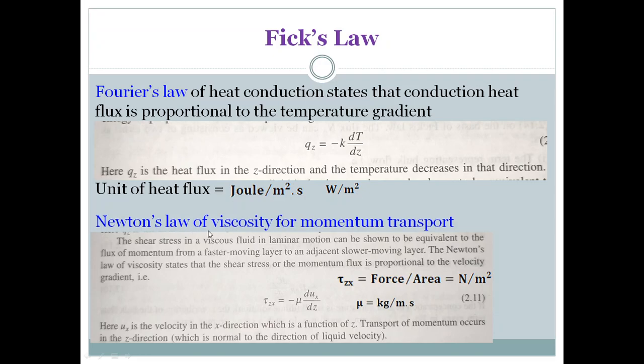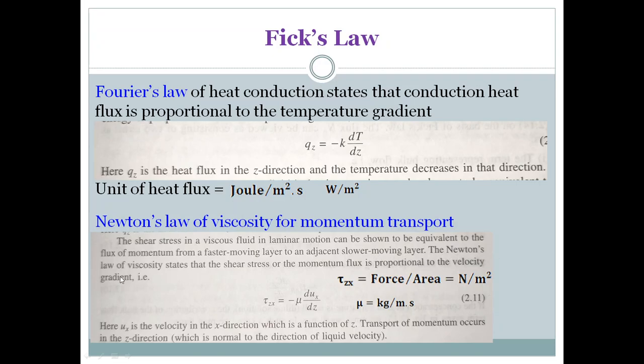Then Newton law of viscosity for momentum transport, that is shear stress in a viscous fluid in laminar motion. Keep it in mind, Newton law is applicable for laminar motion, and can be shown to be equivalent to the flux of momentum from a faster moving layer to the adjacent slower moving layer.